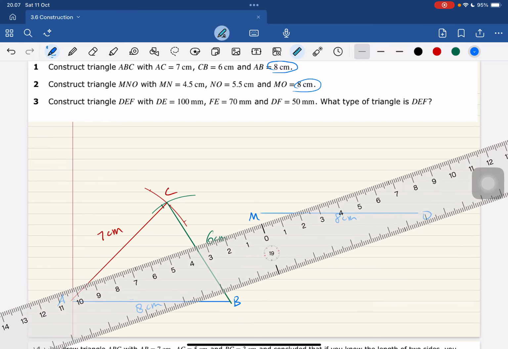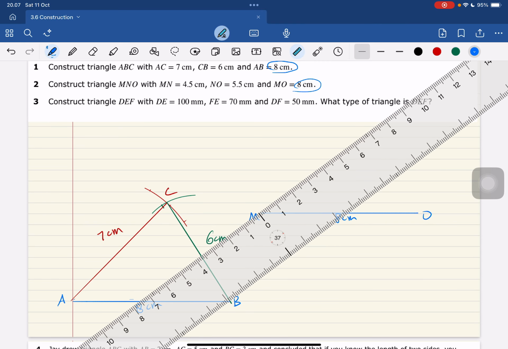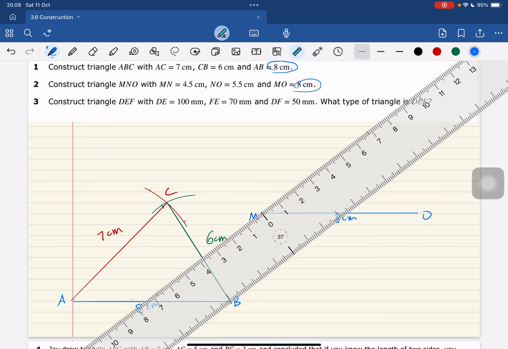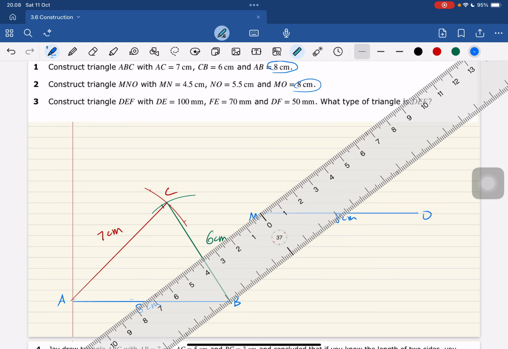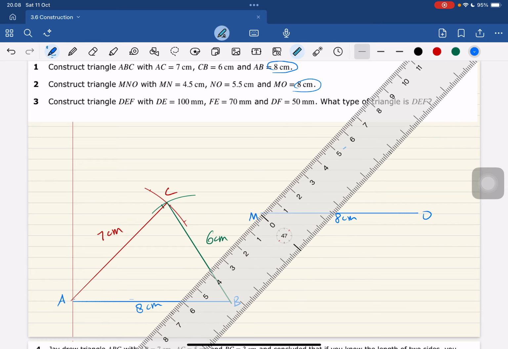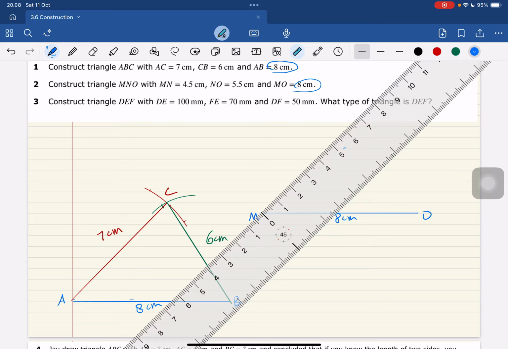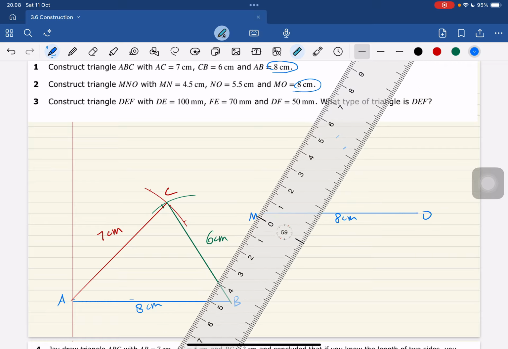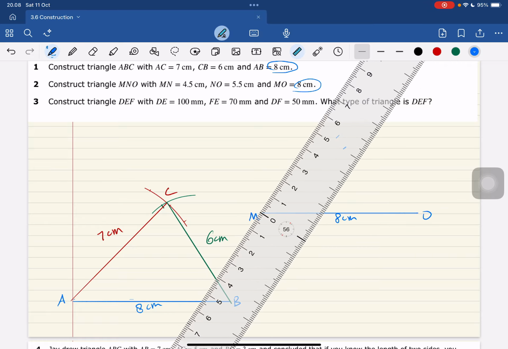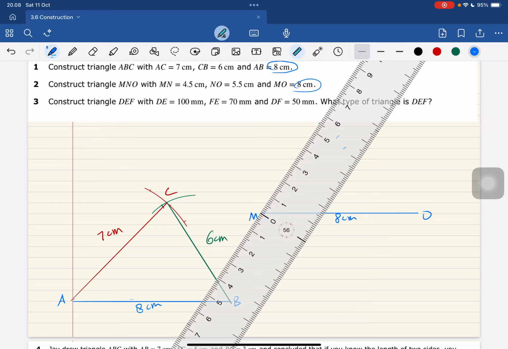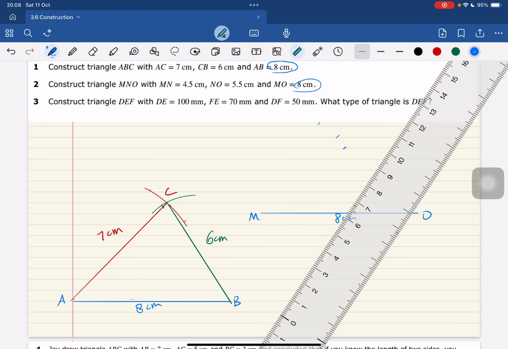You need a protractor to make the arc. So let's find 5.5. So 5.5 can be here, can be here as well, and can be here. Let's make the arc.